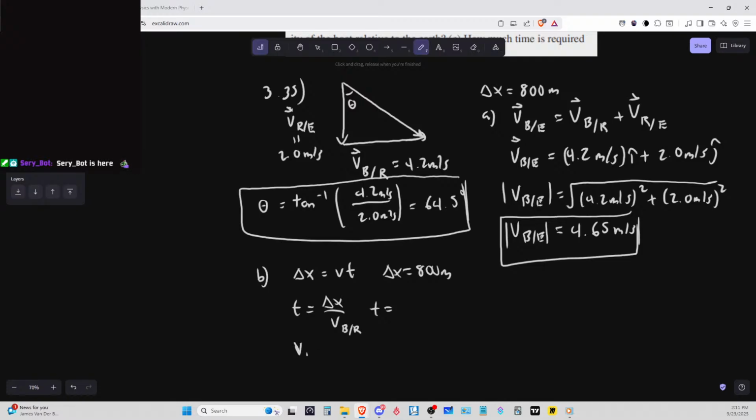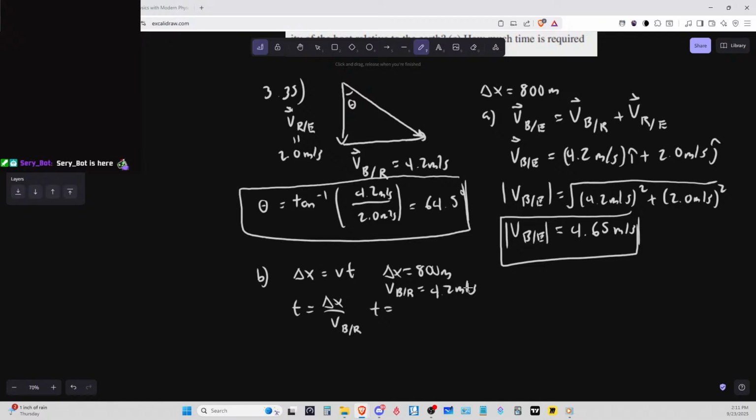And that is equal to, well, actually we should write it where all the information spots are. So the velocity of the boat on the river is 4.2 meters per second.